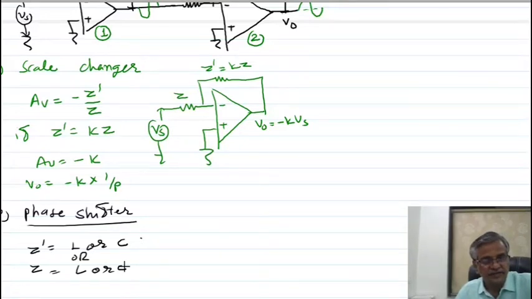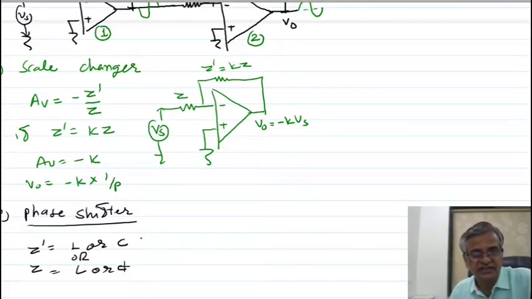If Z or Zs is taken as a reactive component, that is either an inductor or a capacitor, then you can obtain the phase shift between input and output from 0 to 360 degrees by changing the value of L or by changing the value of C. You can get different phase differences between the input and output waveform.